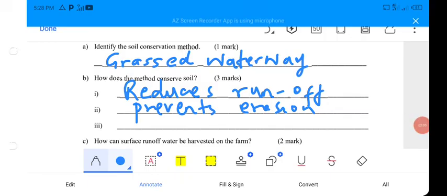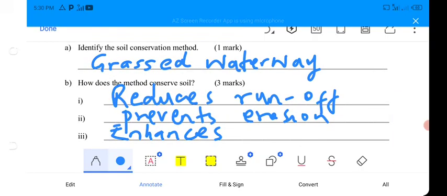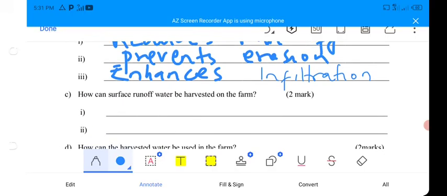We have another one, which is that it enhances infiltration of water. How can surface water be harvested on a farm?